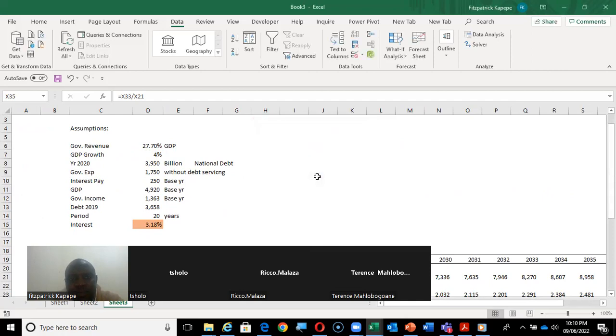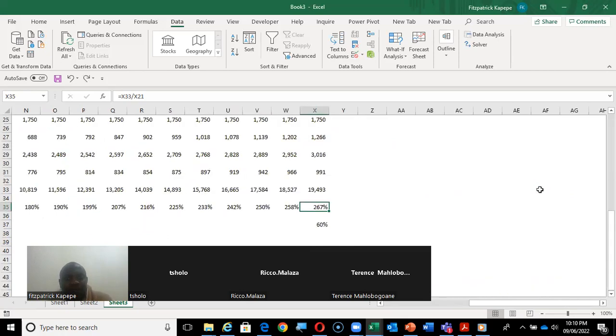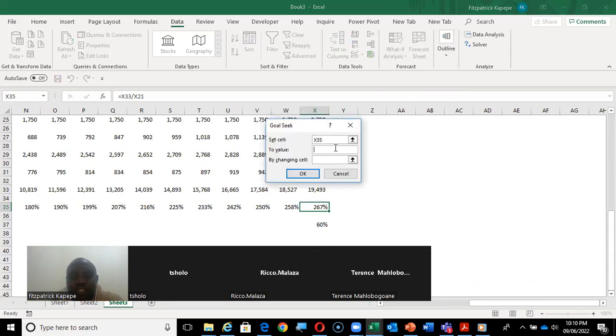You're not supposed to change it to 60%, Patrick. It's supposed to change to what? To 60? I think it says 60% here. Oh, okay, so that's 60. So you go in there, you say GOSIC. You change it to 0.6 by changing which value?